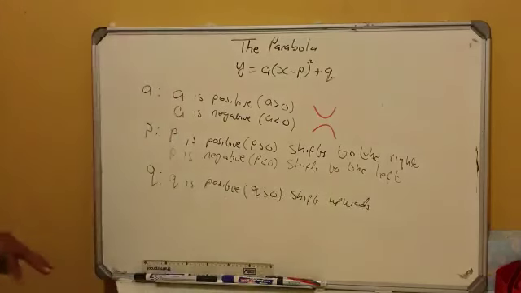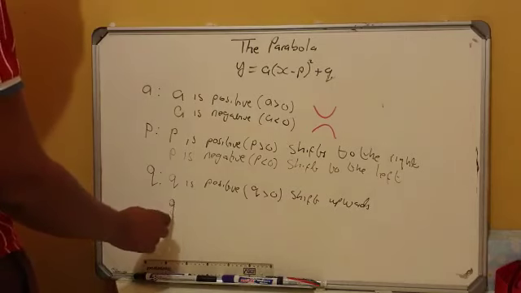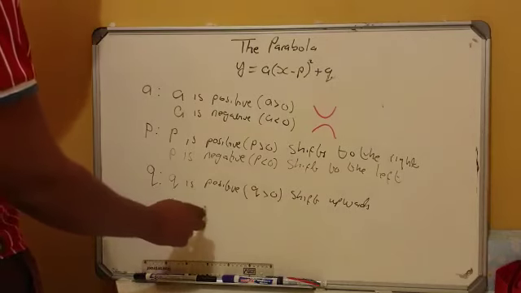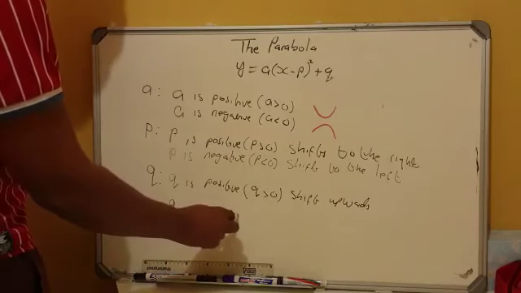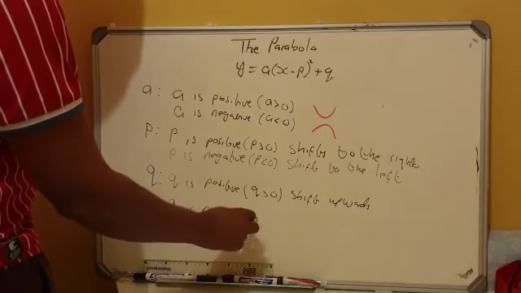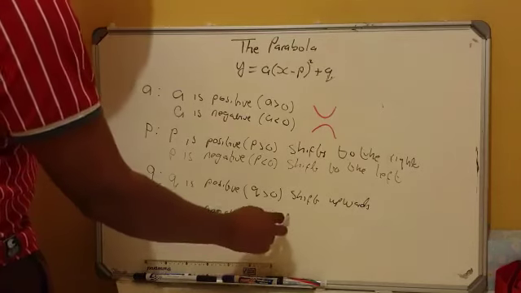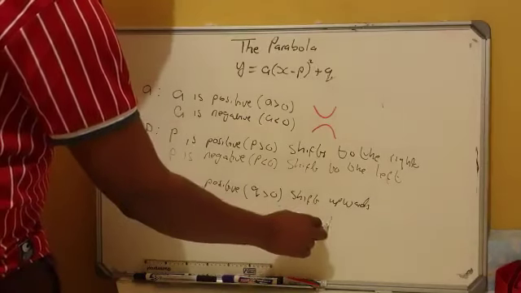It will move towards the upward side. And when q is negative, which means q less than 0, the graph will shift down.